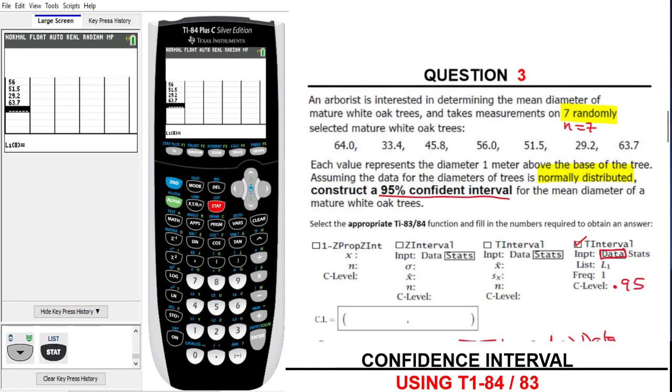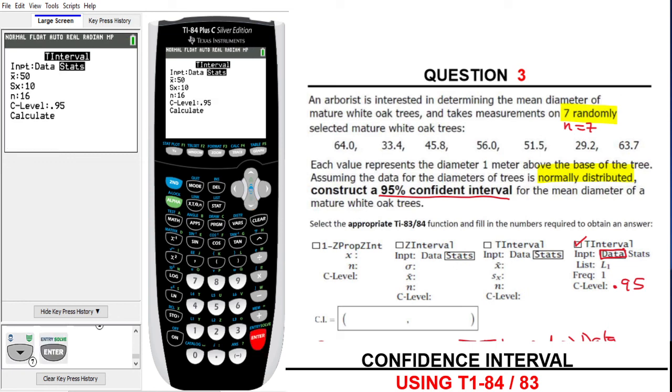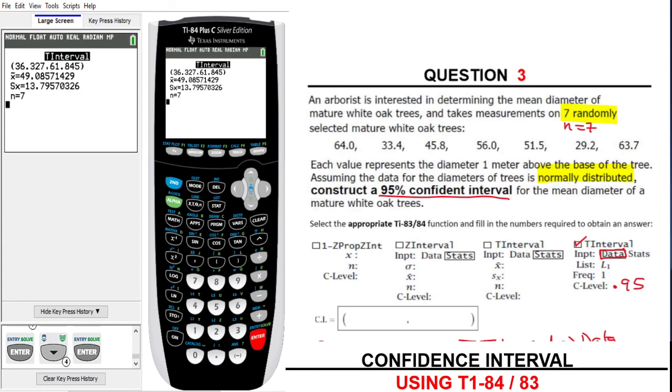So let's go to start, and then we look for test. We still go to number 8, press enter. Now this time around we are going to select data because we have the raw sample data. It already has the list as L1 because that is where our data is. Leave the frequency as 1. We already have the 0.95, and then we hit calculate. So that should give us the necessary information for the answer.